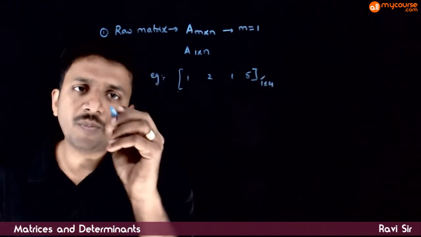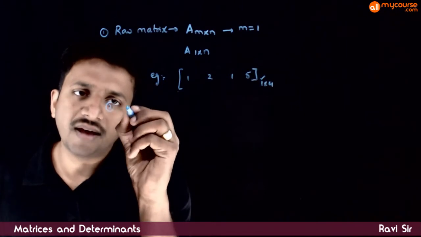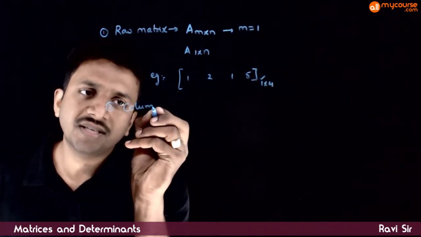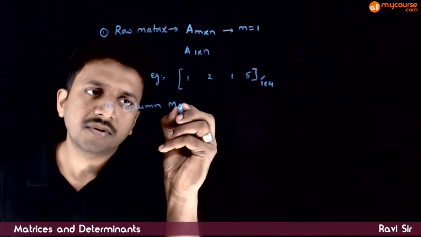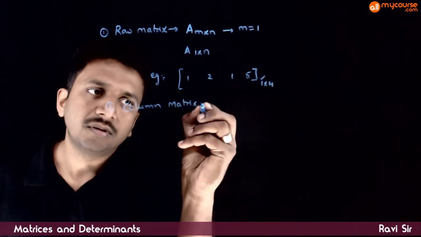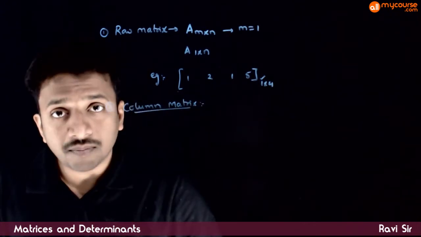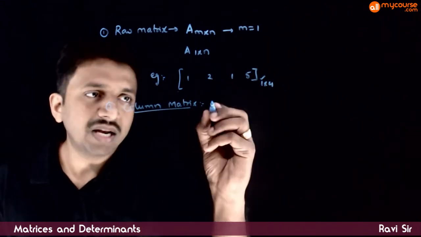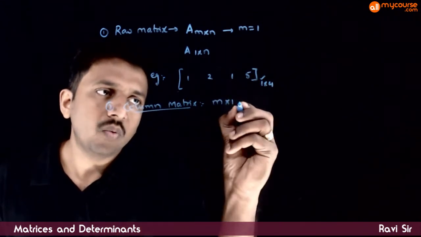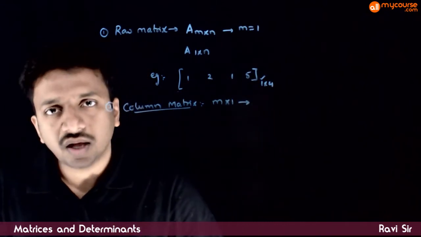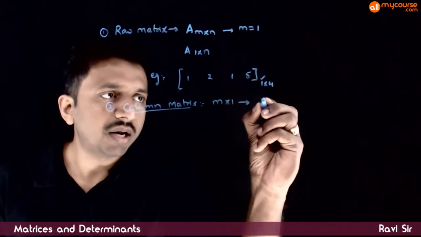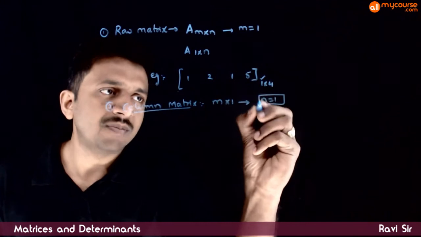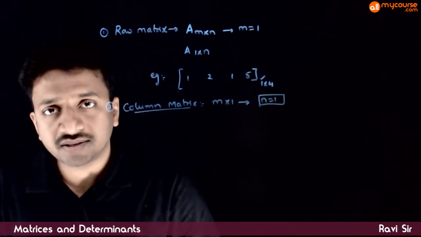Corresponding to row matrix, obviously you'll also have a column matrix. That's the second type. So what is a column matrix? A matrix which has only one column. An m by 1 matrix is called a column matrix, or n equal to 1 mathematically makes it a column matrix.